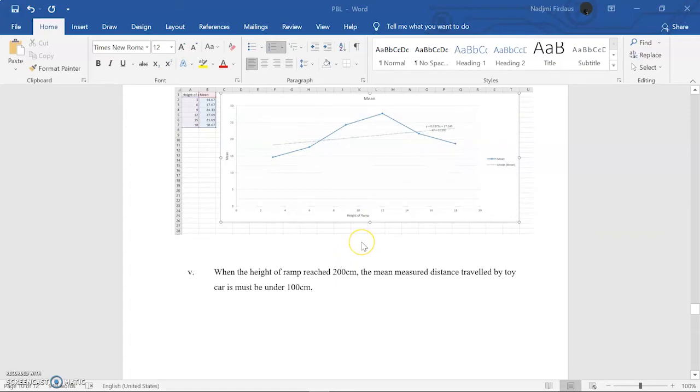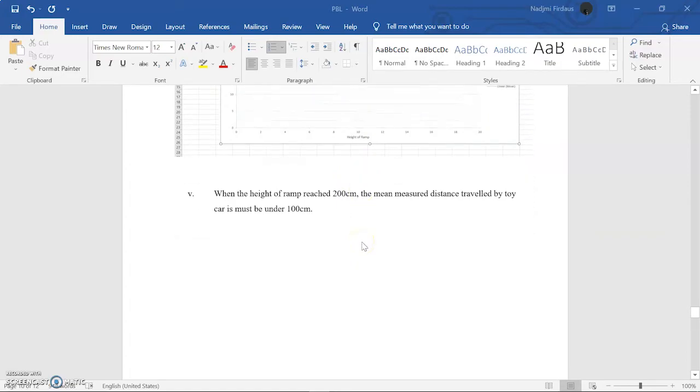Question number 5, about the prediction when the height of the ramp reaches 200 cm, the mean measured distance traveled by the toy car must be under 100 cm. That's all.